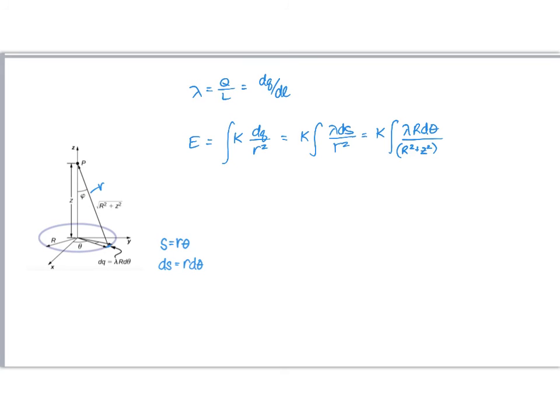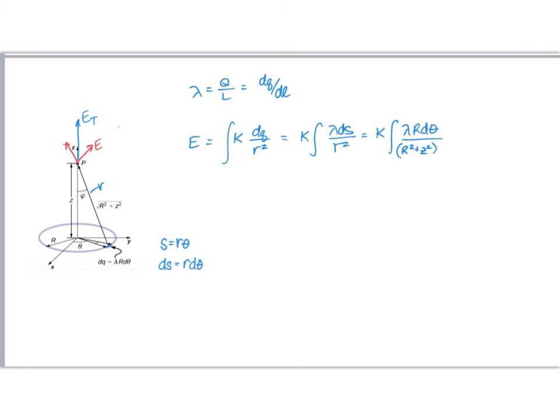Now, again, we have some different components of the electric field. As I go around the circle, I'm actually going to form a cone of electric fields as I go to all the different sides. But in the end, the only electric field that's going to persist is the electric field along the z-axis.